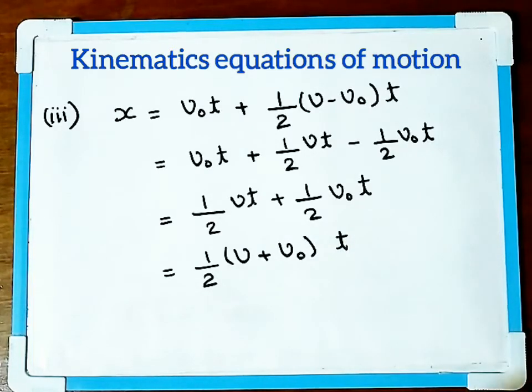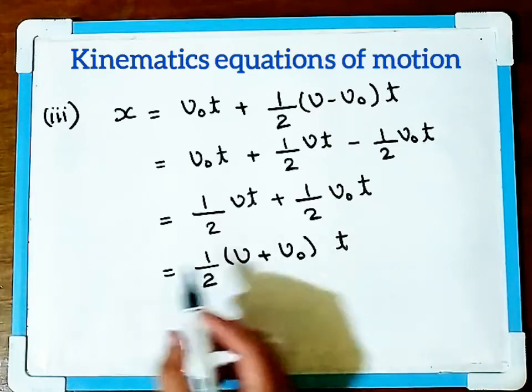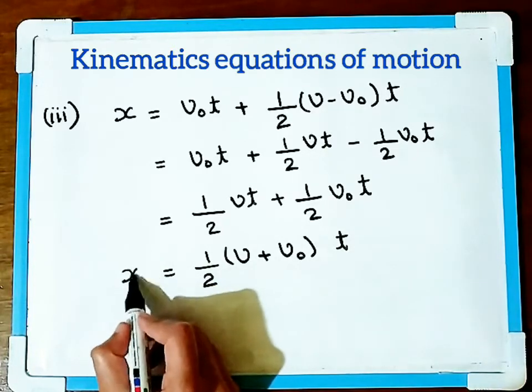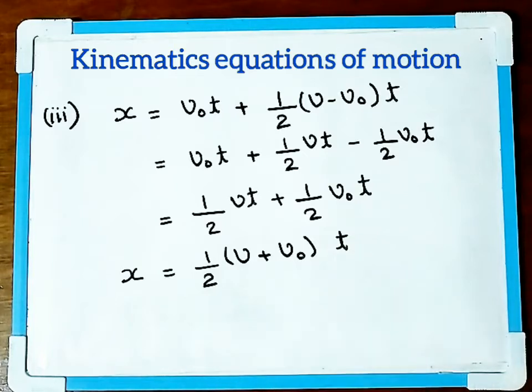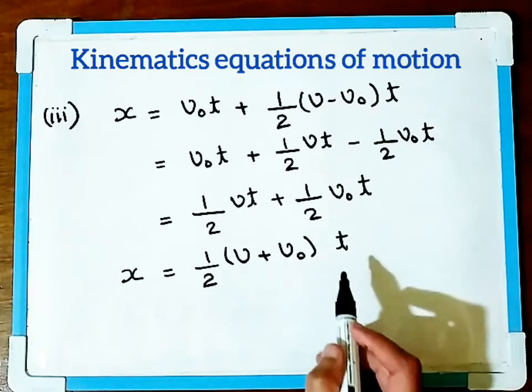So here what we'll have to do is eliminate this t. We have the displacement in terms of velocity and time. We want to get the relation between the displacement, the velocity, and the acceleration. So here we'll eliminate this t.